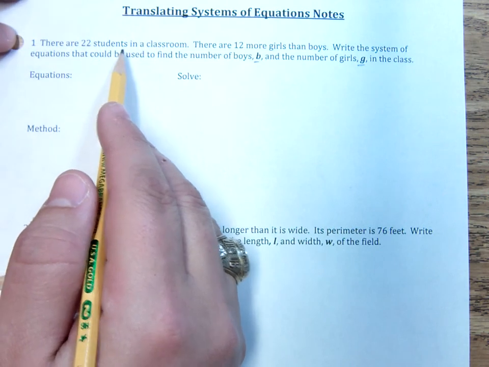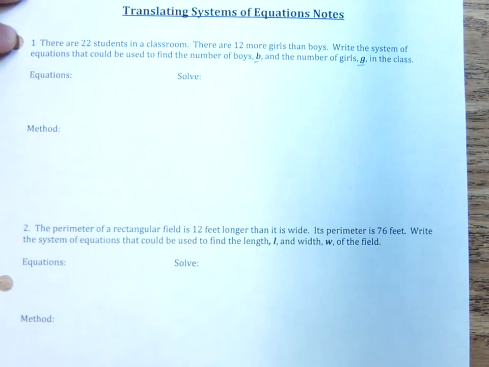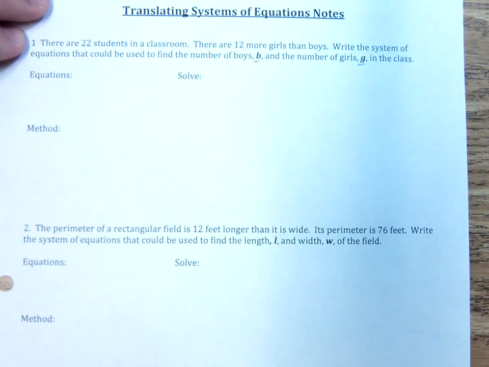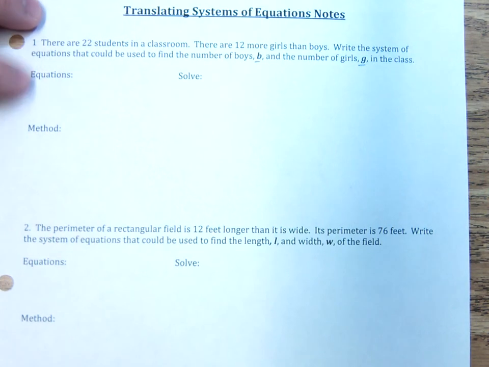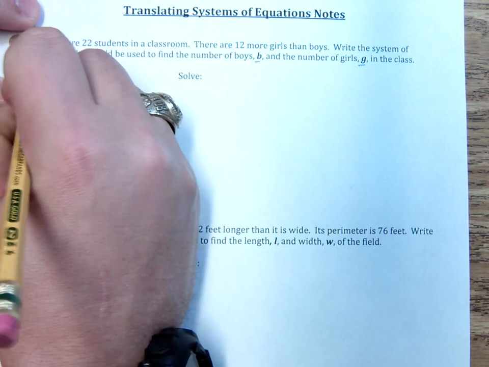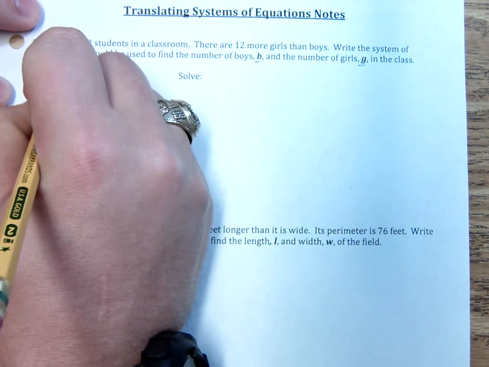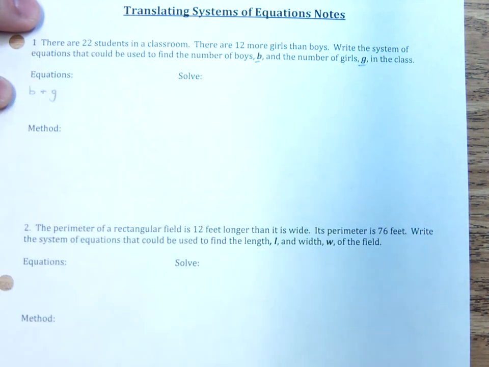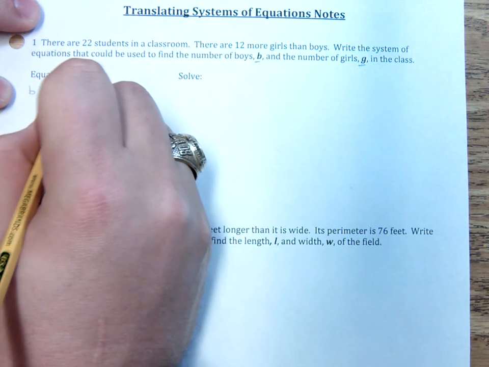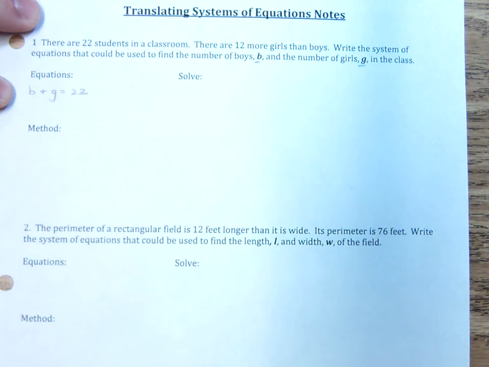So how do I get that using my variables? Well, do I know how many boys there are? Not exactly. Do I know how many girls there are? Not exactly. But I know together that boys plus girls equals 22 students. So that's one of our equations.